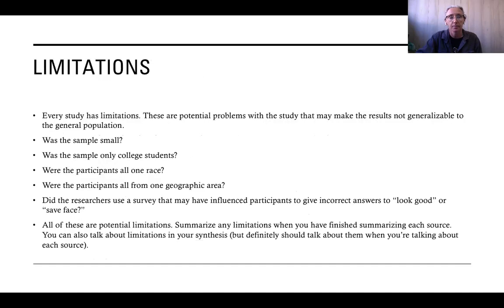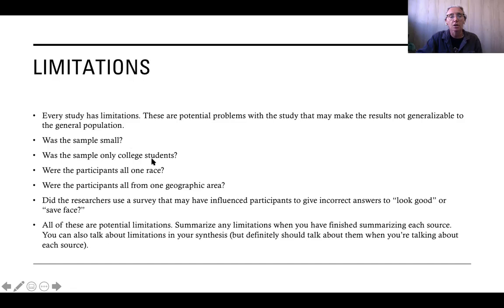Another thing in our science writing we want to talk about is limitations, which we've talked about in class before. Any study is going to have limitations or potential problems with the ability to generalize the results to other samples and other populations. So we can talk about sample size.